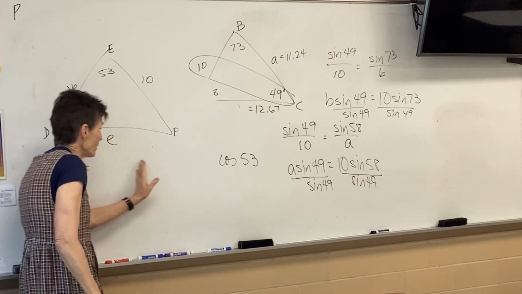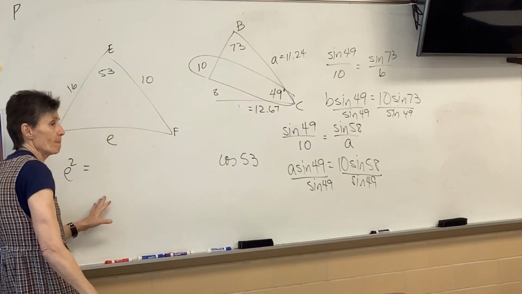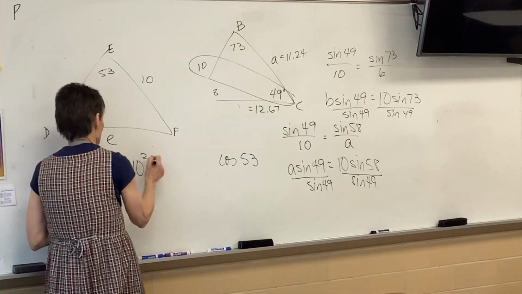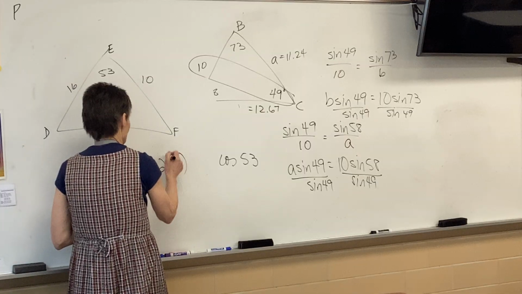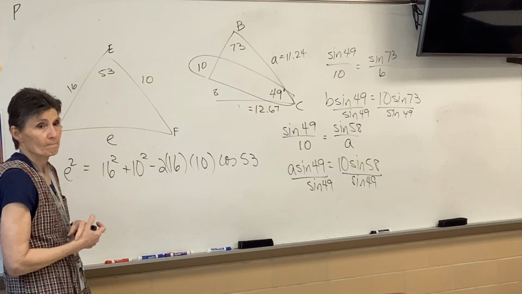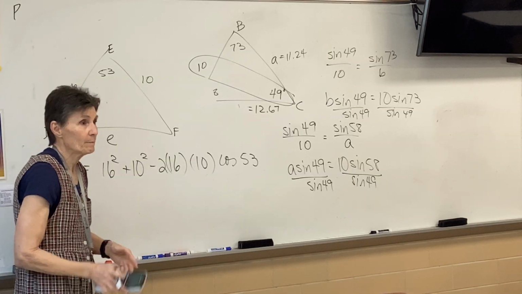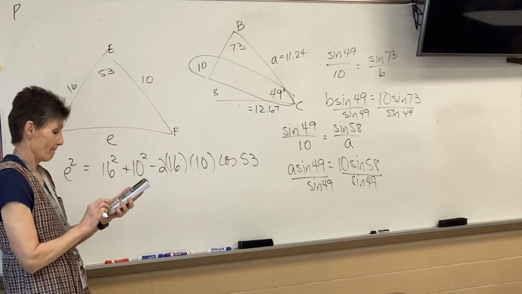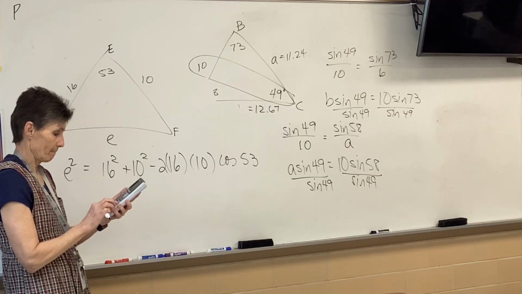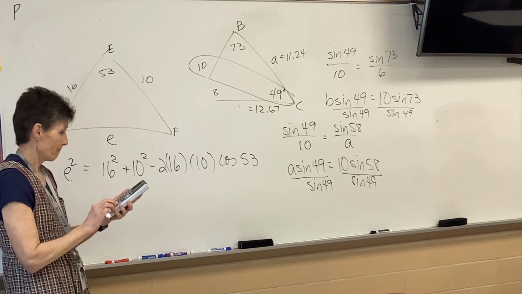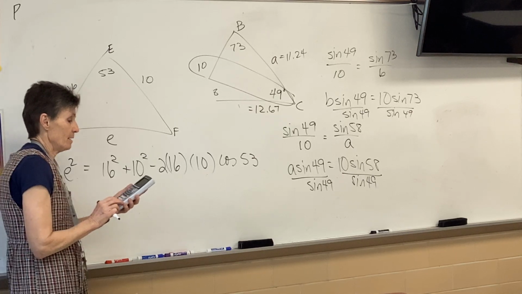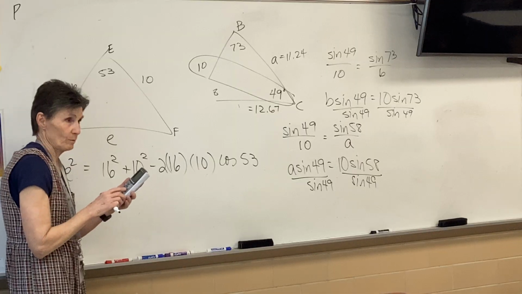And then what's gonna be all this stuff in the middle here? 16 squared plus 10 squared minus 2 times 16 times 10 cosine. Beautiful. We'll type it all in. And Chase, we're gonna remember to square root it.